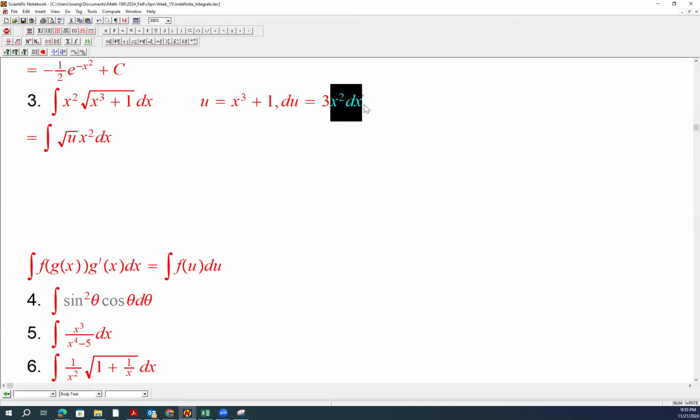We can find x squared times dx, which is going to be 1/3 of du, by dividing both sides by 3. So this part will be substituted by its equal in terms of u, and the substitution part is finished.